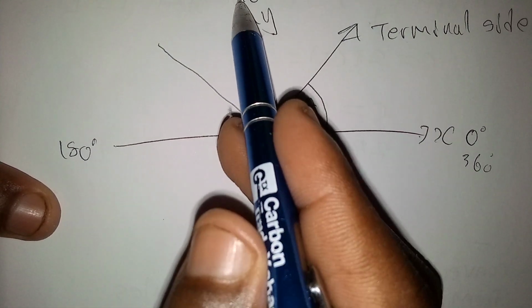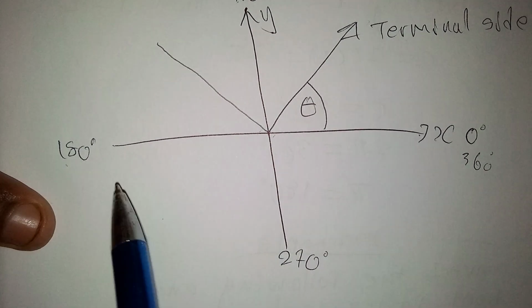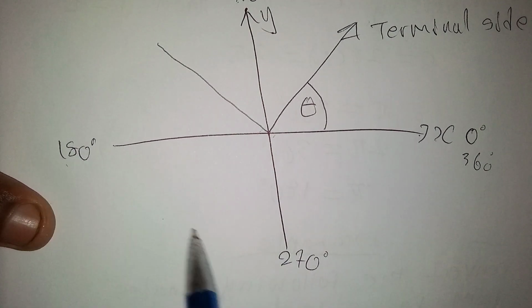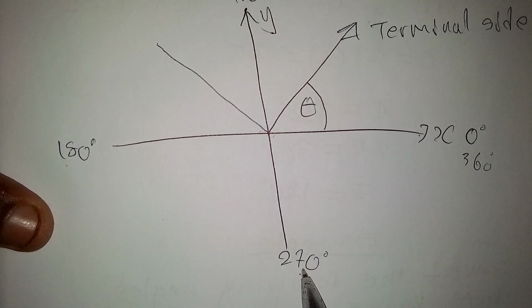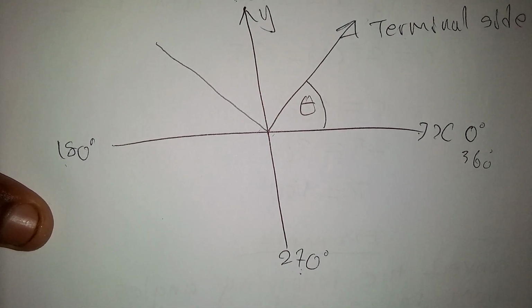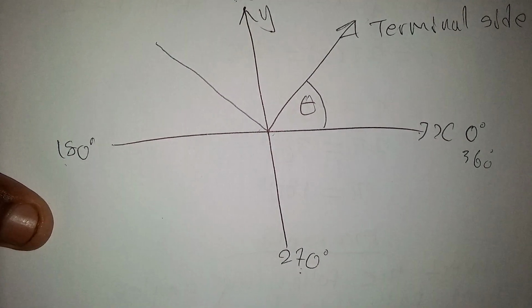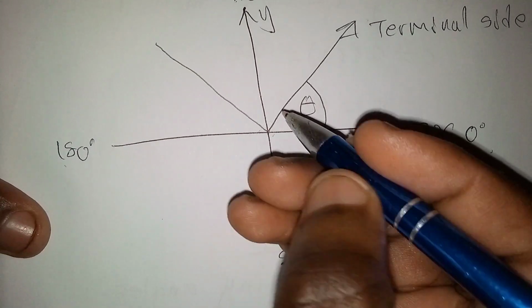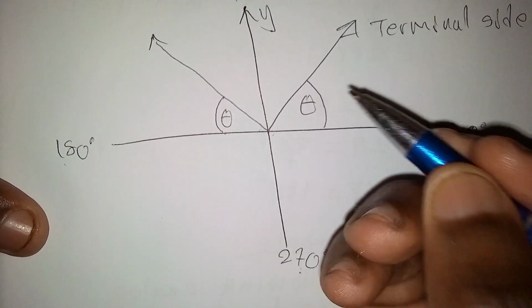Between 90 and 180 degrees is the second quadrant. Between 180 and 270 degrees is the third quadrant. And between 270 and 360 degrees is the fourth quadrant. So in the third quadrant, the reference angle will be somewhere here.